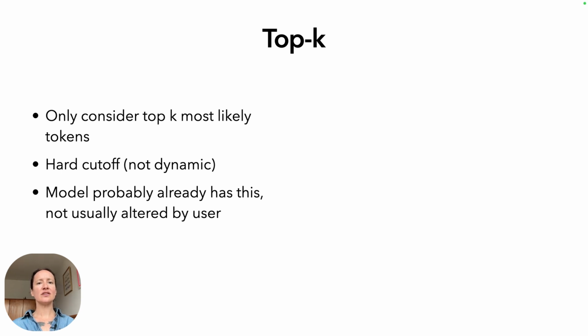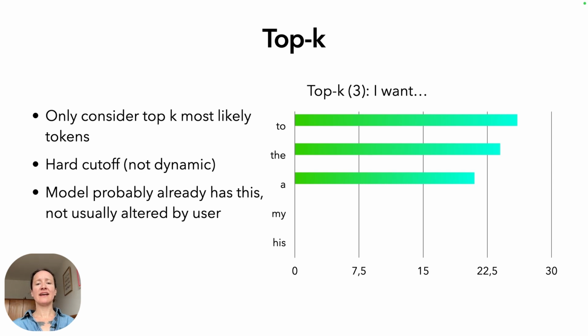If you want to tinker with it, do, but I would say play with top P before you play with top K. So let's say I wanted to be really restrictive and set a top K of 3. This is that same distribution, it would literally just shut off every other token, right? So again, a pretty hard knob, probably not useful for most people. Maybe you have a use case. If you have a use case for top K, let me know in the comments.